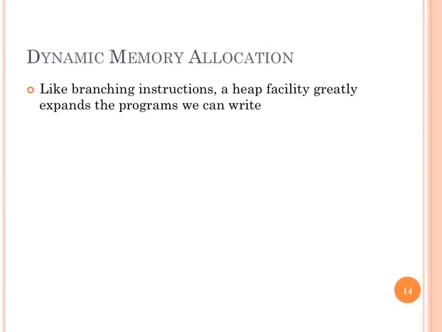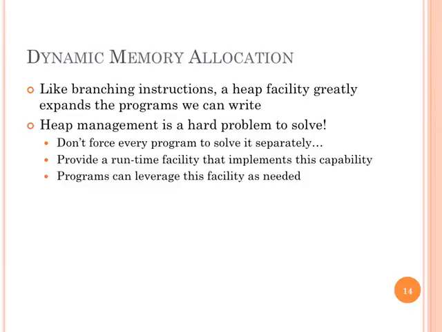Now, you can see that dynamic memory allocation gives us a lot of new power. We talked about these various ways that we can benefit from heap allocation. The memory lives beyond the lifetime of the function call. We can do really clever data structures now beyond what we can do on a stack. But obviously there's some challenges as well. And like I say, heap management is a hard problem to solve.